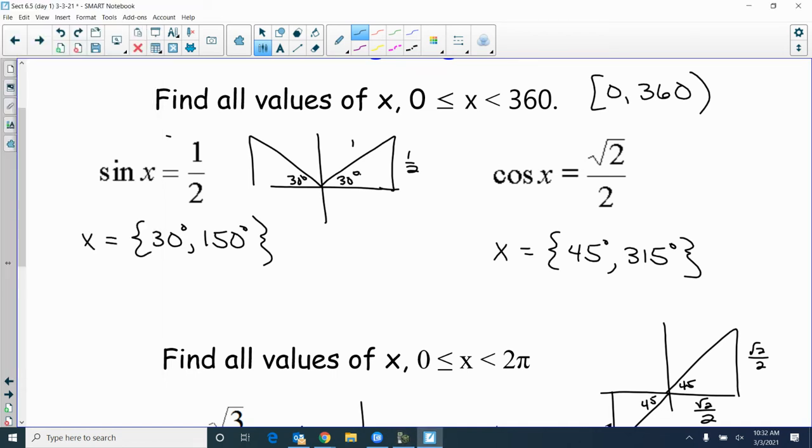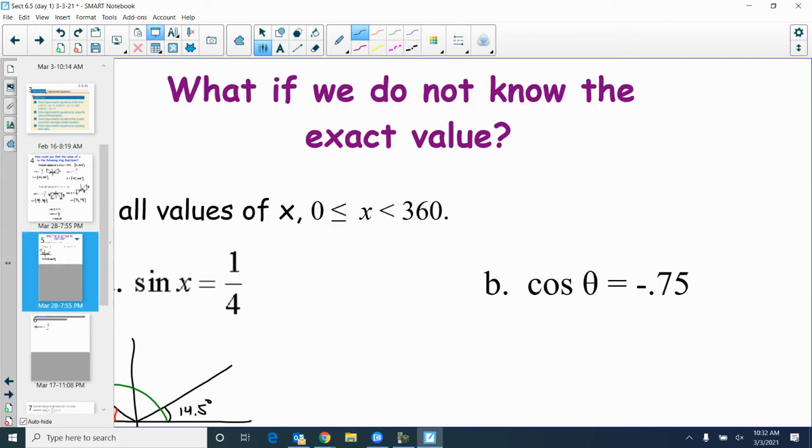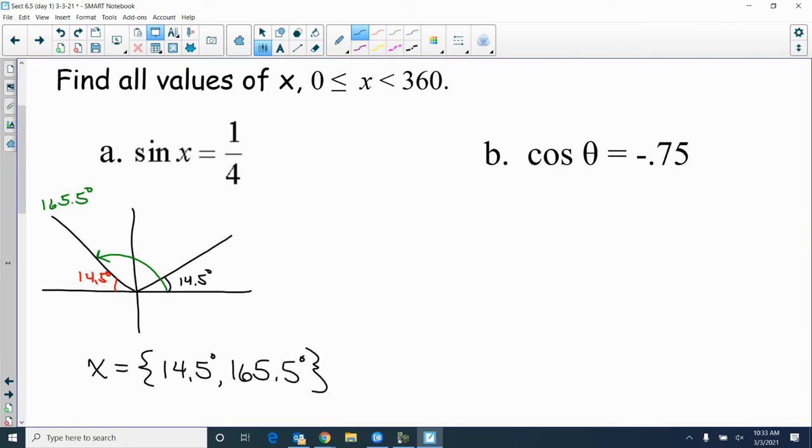All right. So for this next one, what do we got here? Cosine theta equals negative 0.75. Go ahead and type that in your calculator. Do inverse cosine of negative 0.75. And Luca, what does it give me? 138.6.